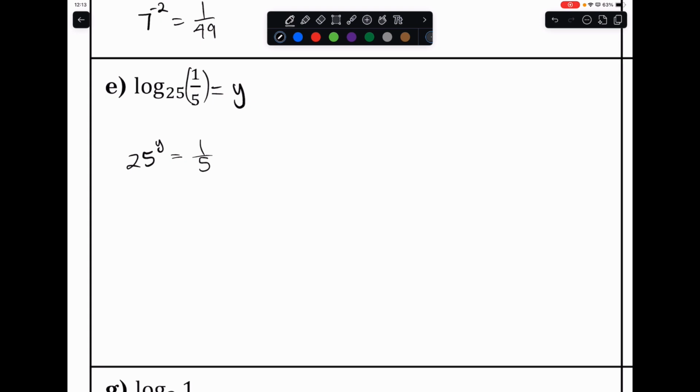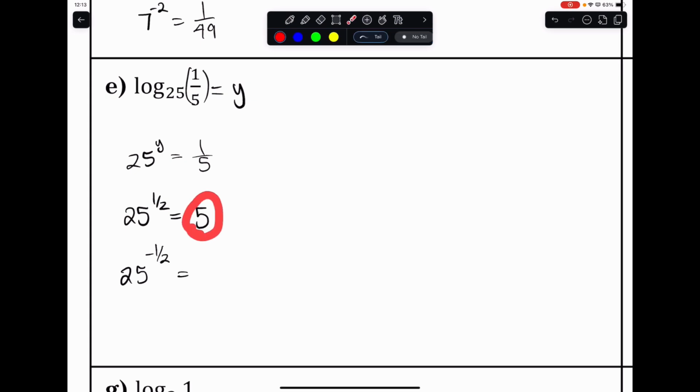Well, from the previous example, we know that if I take 25 and raise it to the 1/2 power, that equals just the number 5. And from example C, we know that if our exponent is negative, so if this is equal to 5, then changing the exponent from a positive number to the opposite, negative number, so negative 1/2, will give me the reciprocal of this answer. So this would be 1 over 5.